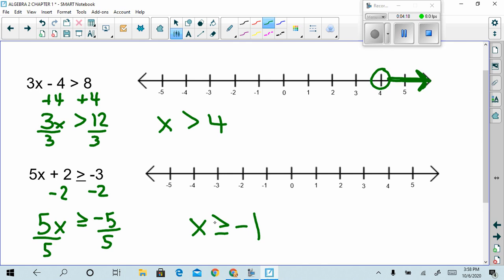Once again, I see that I have a greater than or equal to sign, which means it's going to be a closed circle at -1 and shading everything in the greater than direction. That means that I can choose -1 as a solution because -1 times 5 is -5, and -5 is greater than or equal to -5. Because this little line is here, it says it includes that number.